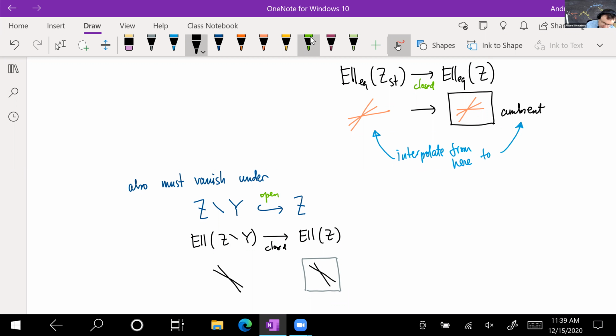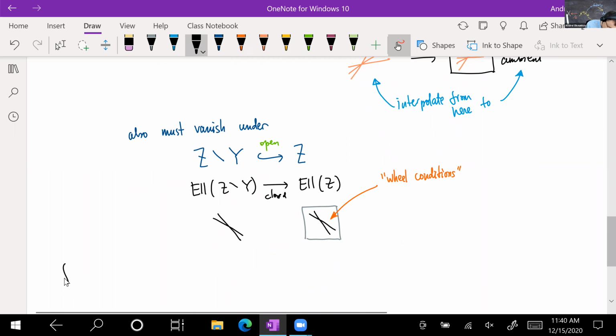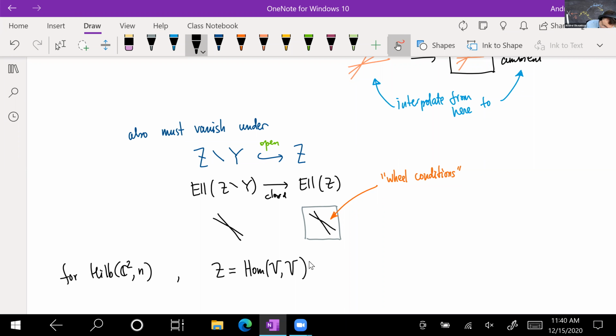For instance, take C^{2n}, the Z after all, this is like Hom(V, V) two copies, and then plus V dual, right? And then there's a moment map.